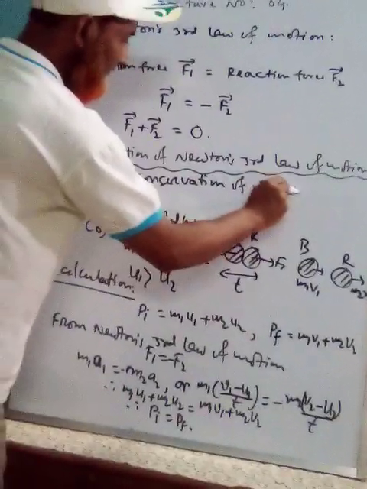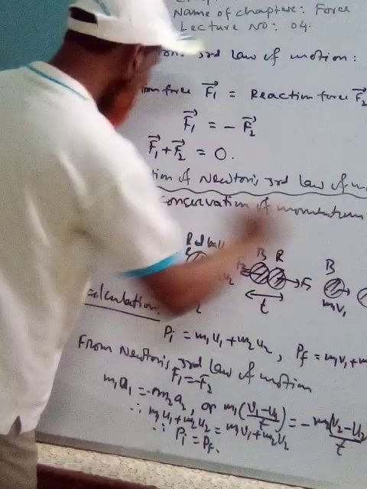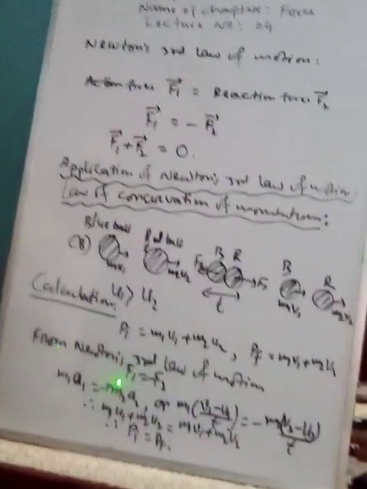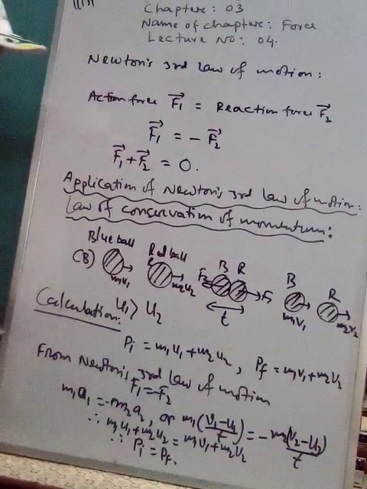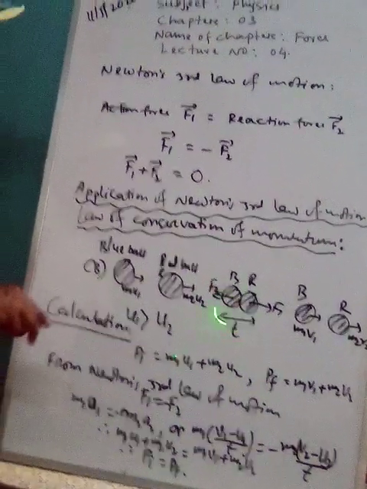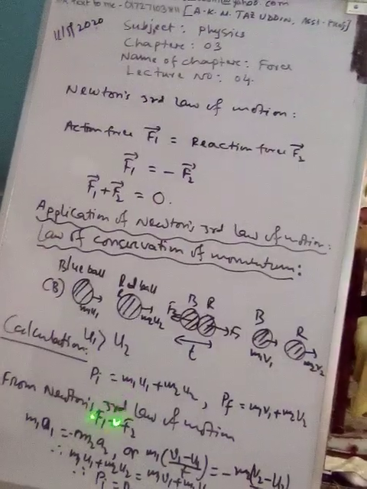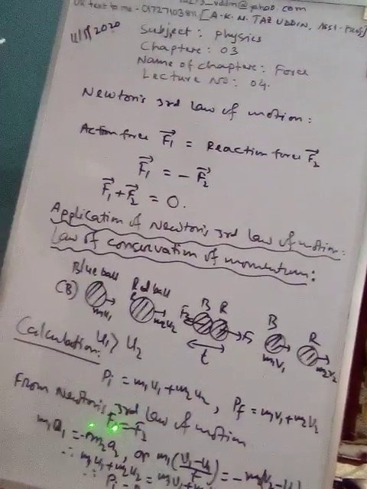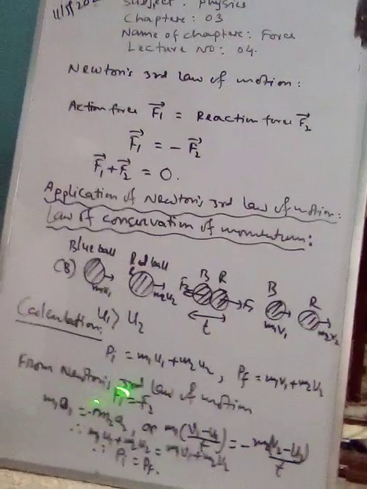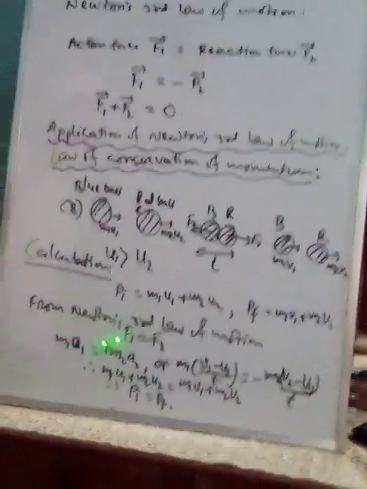I will prove this law from Newton's third law of motion. From Newton's third law, we know F1 equals minus F2. Here F1 and F2 are opposite and equal. For F1 I write m1 a1, because from Newton's second law of motion, force is equal to the product of mass and acceleration. Similarly, m2 a2 is for F2.